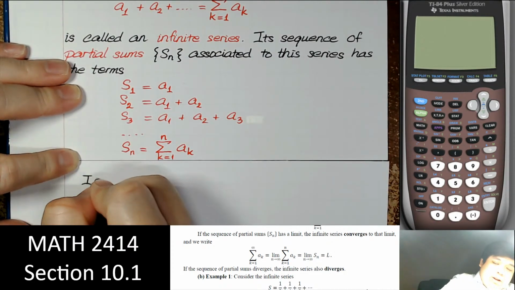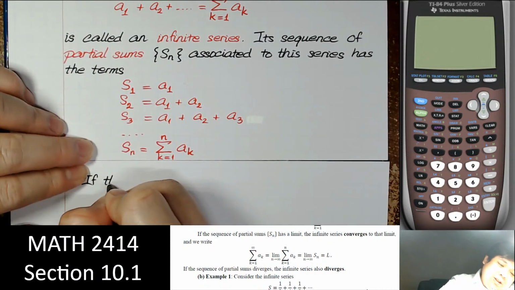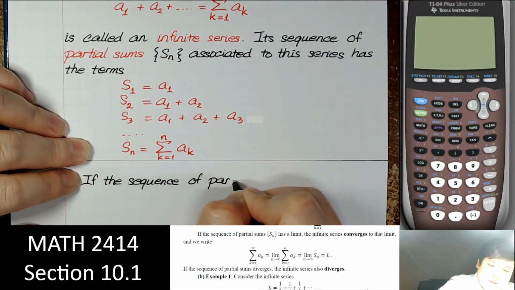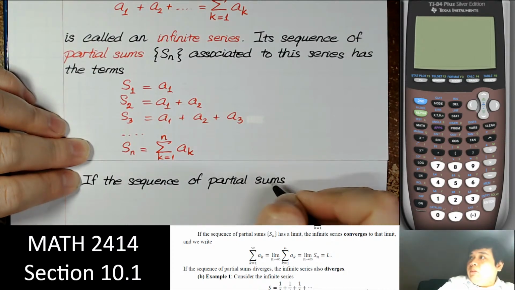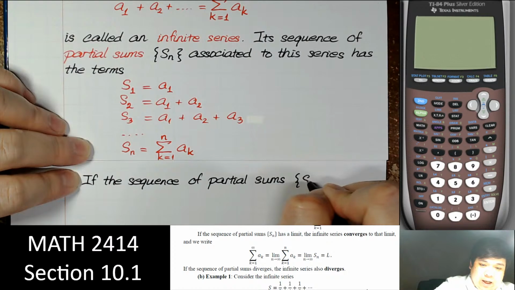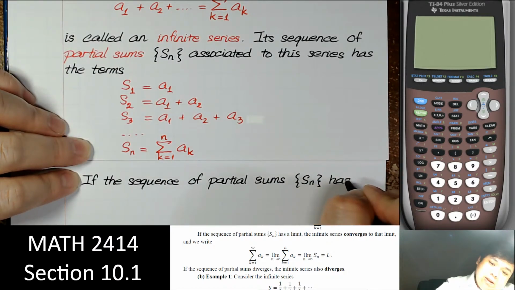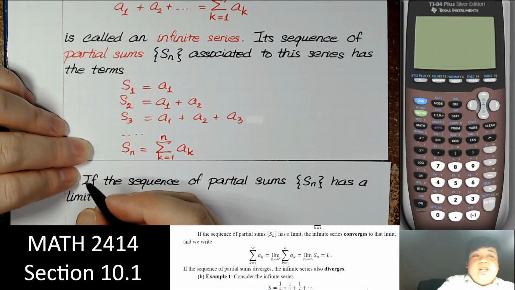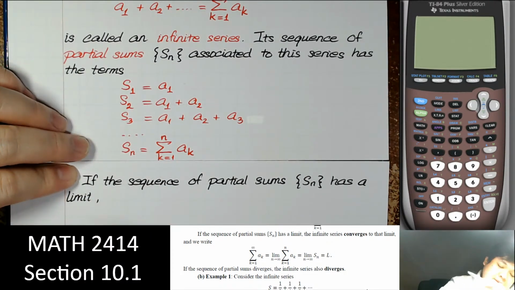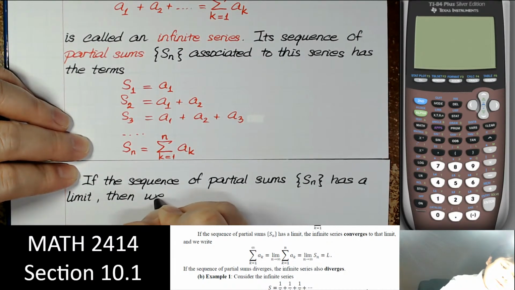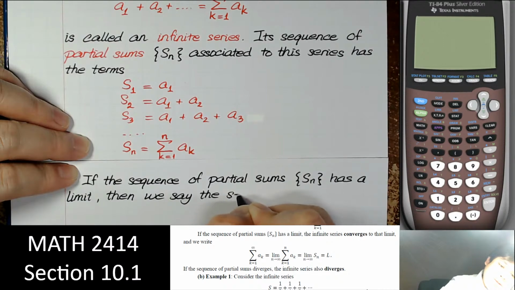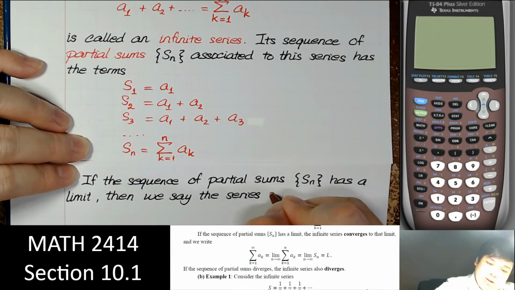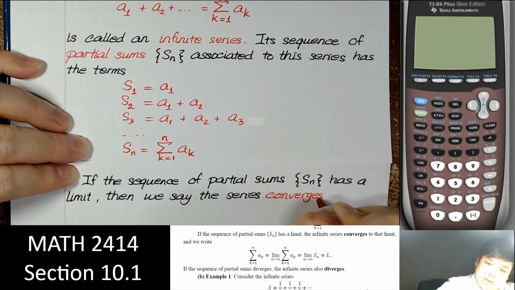And then we say if the sequence of partial sums S of n has a limit, then we say the series converges to that limit.